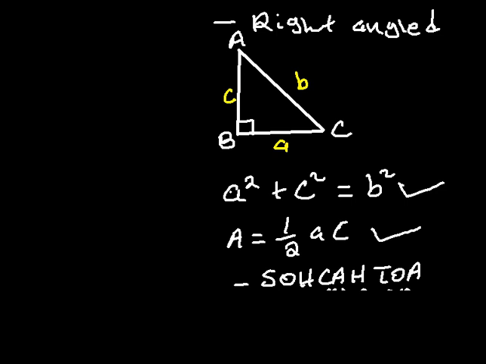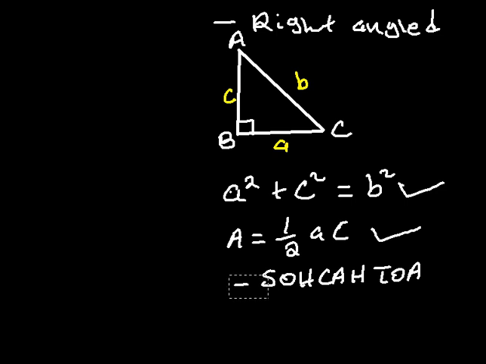So keep in mind that apart from the use of the Pythagoras theorem to express the relationship among the sides of the right-angled triangle, and also apart from the use of the formula for the area of a right-angled triangle, we can also analyze the angles and the sides of the right-angled triangle using trigonometry part 1, which is the concept of SOHCAHTOA.